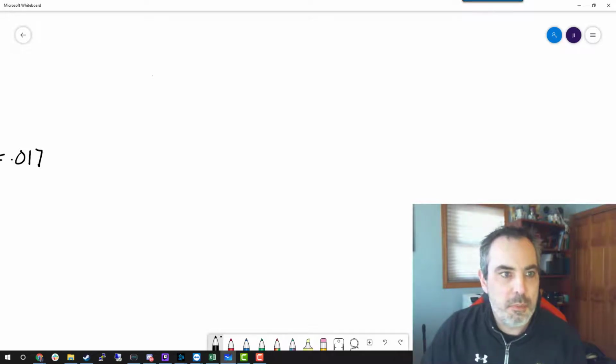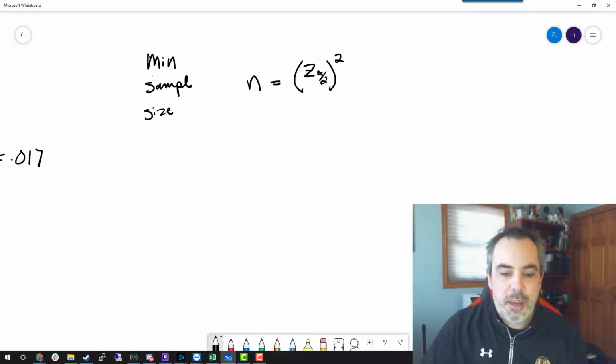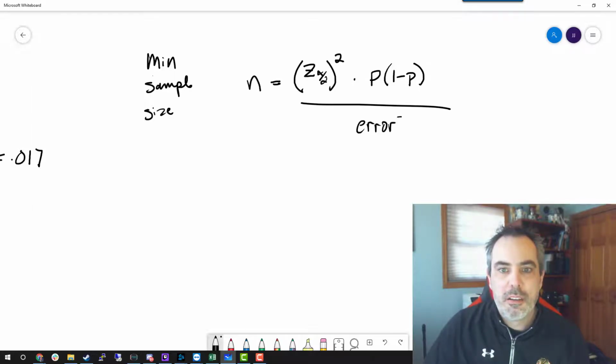The minimum sample size is going to be, working with some of the same things, I'm going to take that critical value, the two-tailed, I'm going to have to square that, multiply it by the proportion and 1 minus the proportion, just like we did in that last section, and I am going to divide it by the error squared.